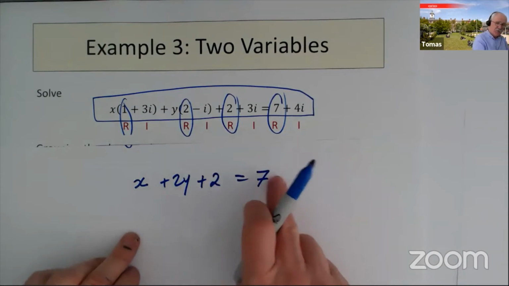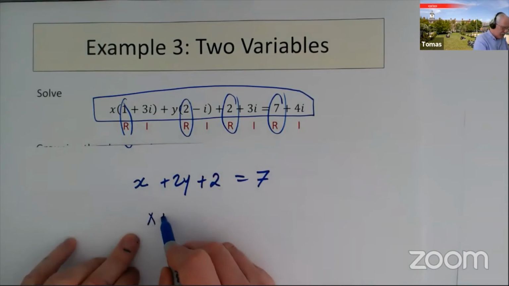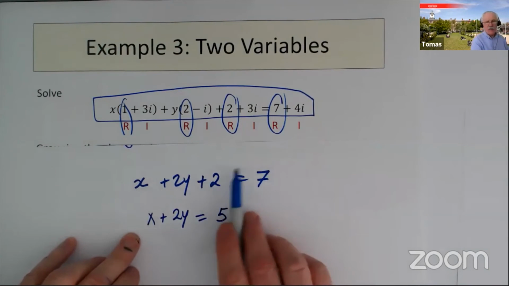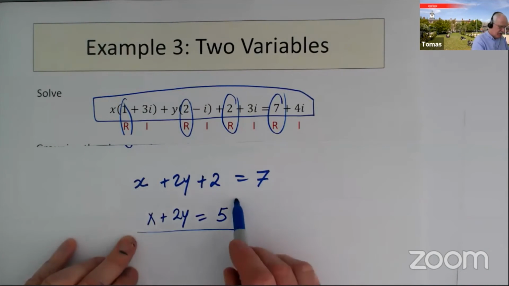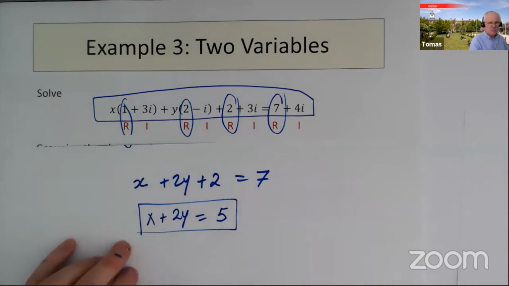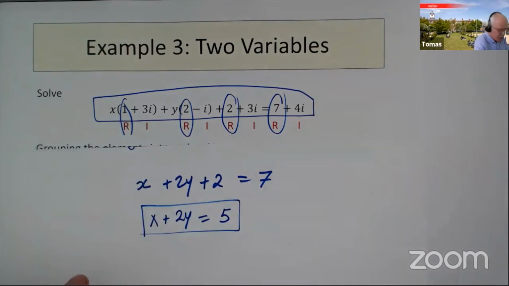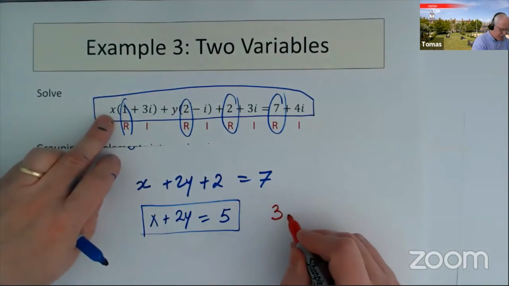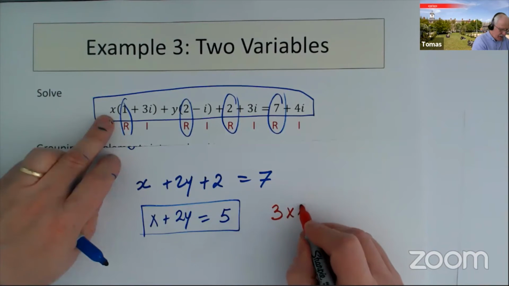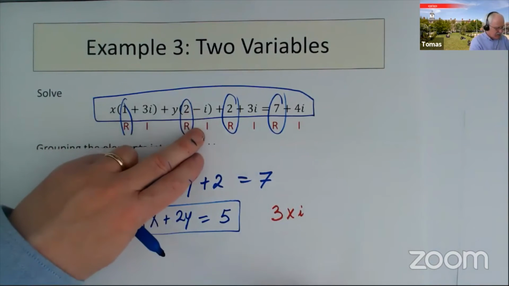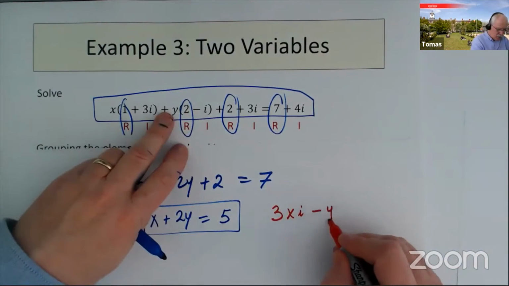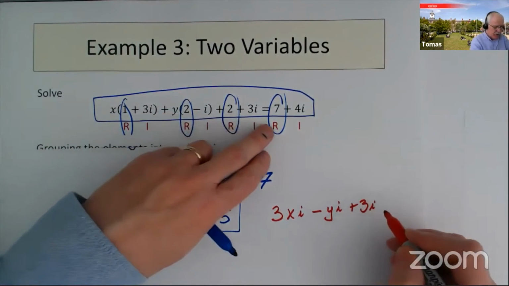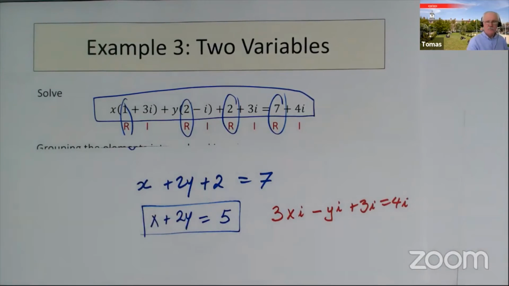We could take the 2 over to the other side, and we get x plus 2y equals 5. Well, 7 minus 2, we could cancel it and all that. So let's imagine that's one equation. Now let's look at the imaginary part. 3i times x will be 3xi, minus i by y will be minus yi, plus 3i equals 4i.